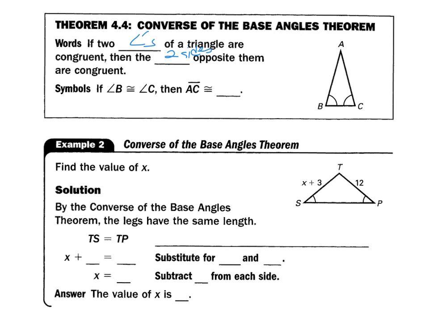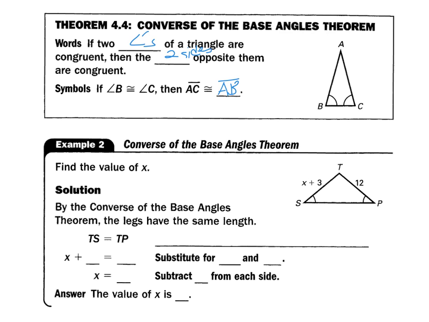So that's an extension of what we just learned. If two angles, especially the two base angles, are congruent, then the sides opposite these two angles are congruent. So in this case, AC has to be congruent to AB.